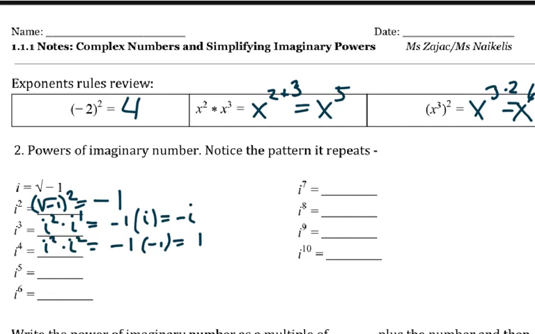So I to the fifth will go back to I to the first power, and you can always figure out, you don't have to remember it. So I to the fifth I can rewrite as I to the fourth times I to the first.